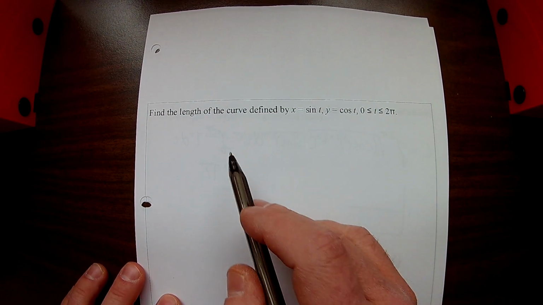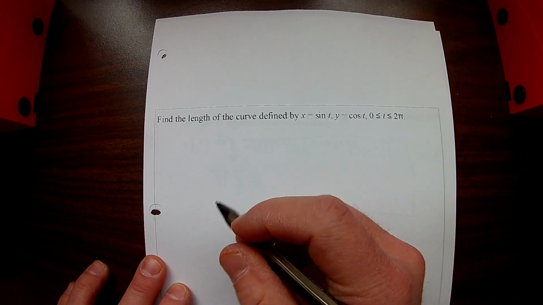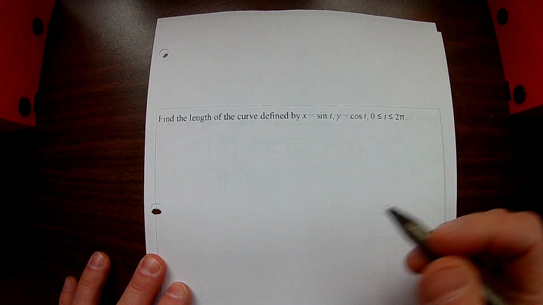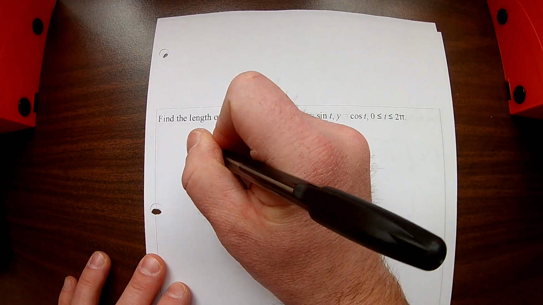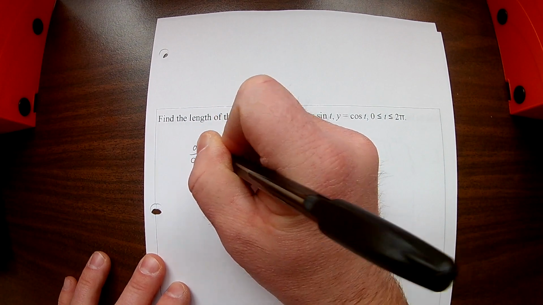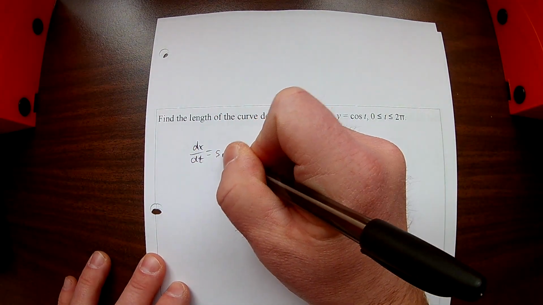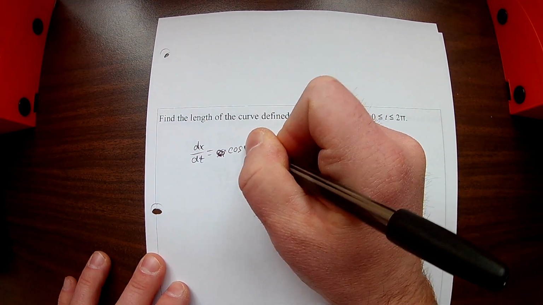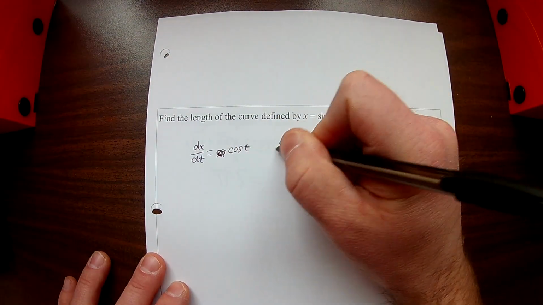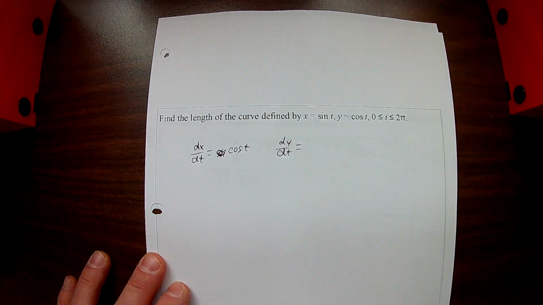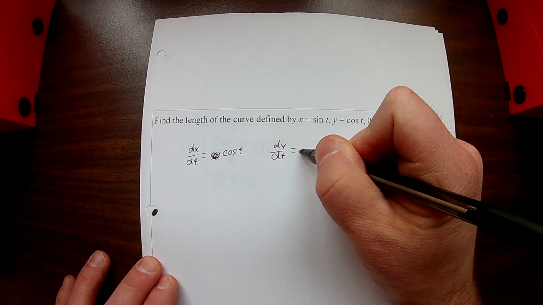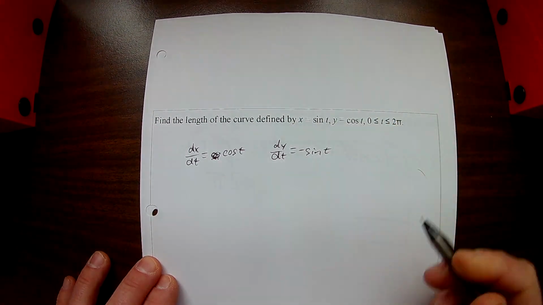Looking at the length of the curve, I've got x equals sine t, y equals cosine t. I find dx/dt, which is cosine of t. I find dy/dt, which is negative sine of t.